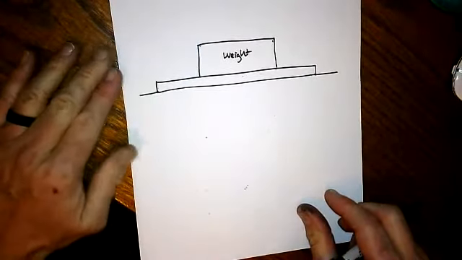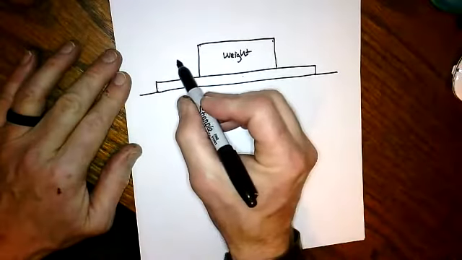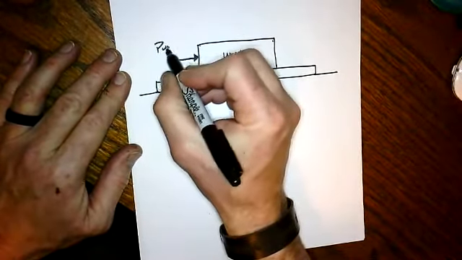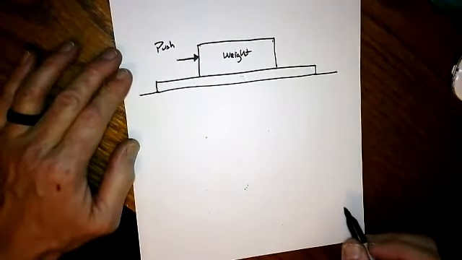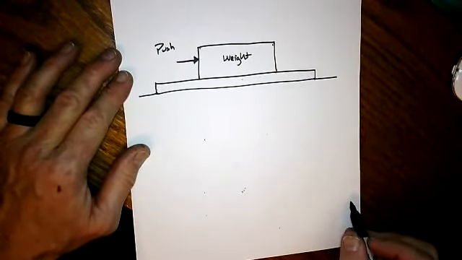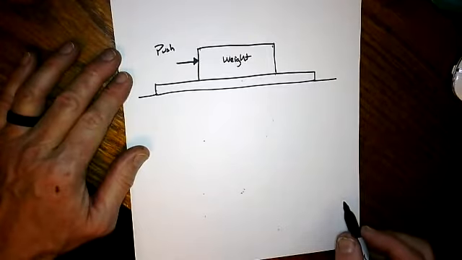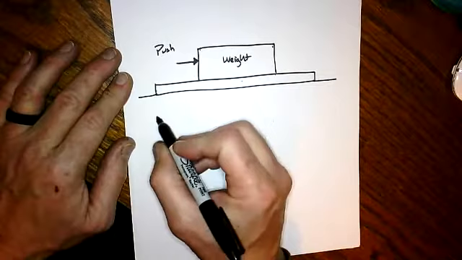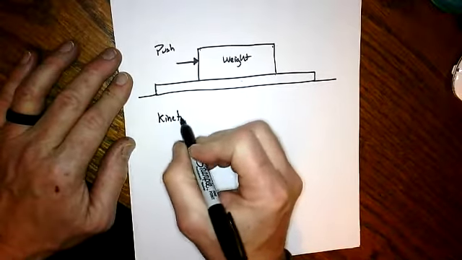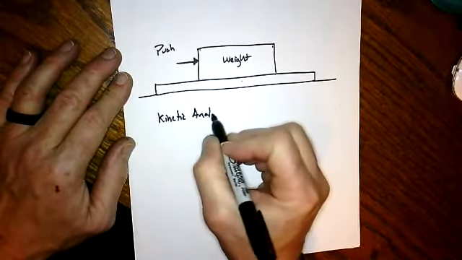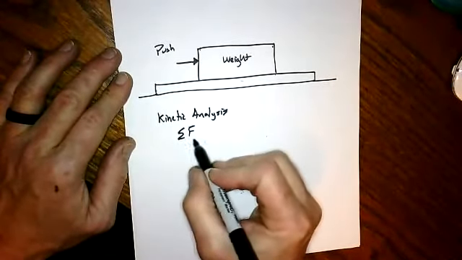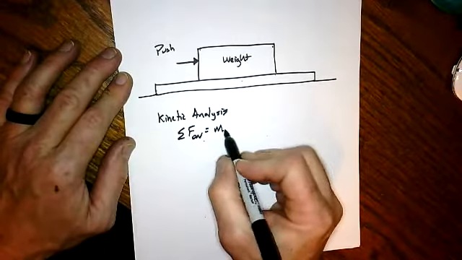So what did I do? I came in and I pushed on the weight. It's me pushing on the weight. The weight did not move, okay? The weight did not move. So knowing when we do our kinetic analysis, we identify all the forces acting on the object, and then we put those forces in this equation.